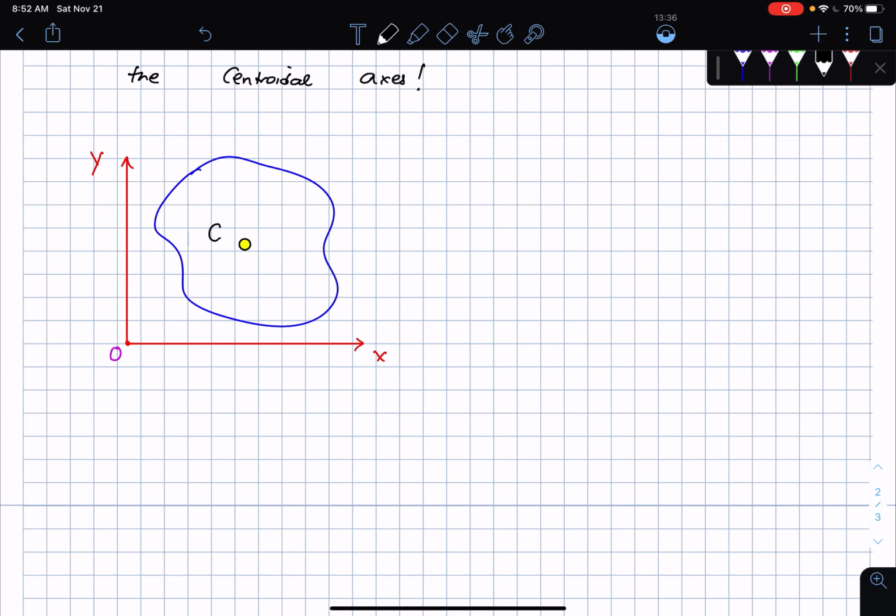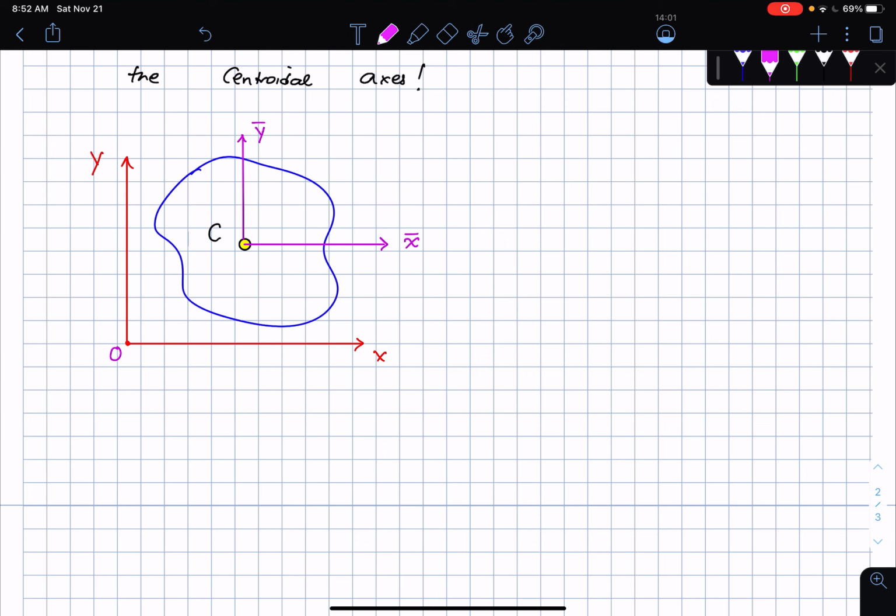Then I can set up a pair of centroidal axes. I'm going to call them X bar and Y bar, or XC and YC if you want to think of it that way. So this is X bar, this is Y bar.